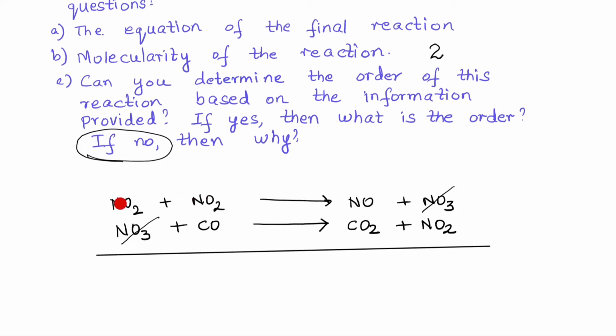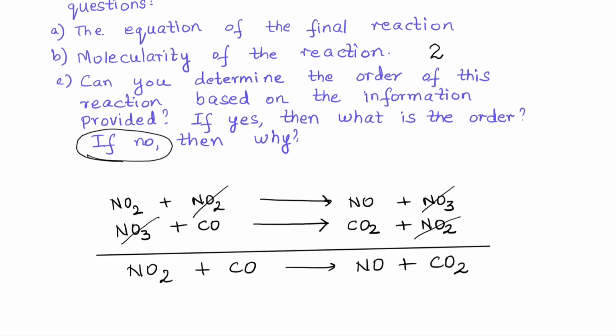NO2, you have two molecules being used up, but at the same time, one NO2 molecule is regenerated in the second step. So, what does that mean? One NO2 and one NO2 gets cancelled. So, what are we left with as the final equation of the reaction? We have NO2 plus CO gives you NO plus CO2.